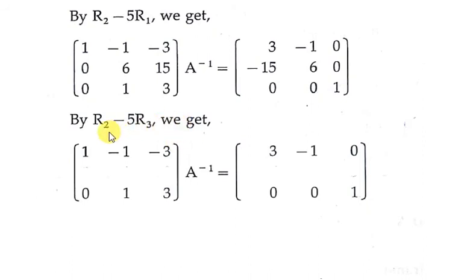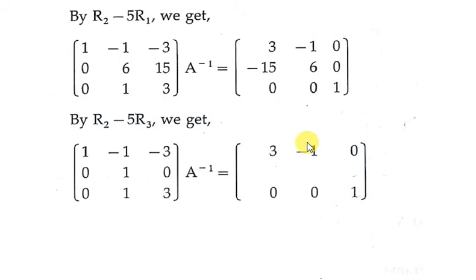Now let's begin finding the values one by one. In the first column, R2 is 0 and R3 is 0, so 0 minus 5 times 0 is 0. Next, R2 is 6 and R3 is 1, so 6 minus 5 times 1, that is 6 minus 5, is equal to 1. Next are 15 and 3: 15 minus 5 times 3, that is 15 minus 15, and the result is 0.